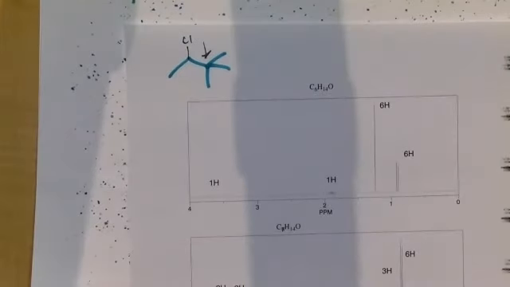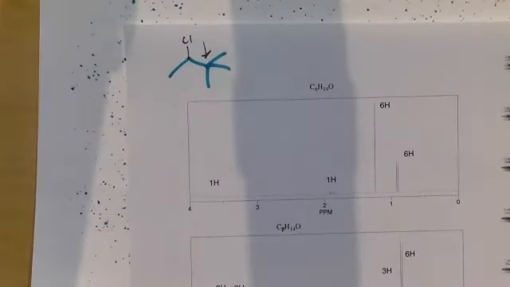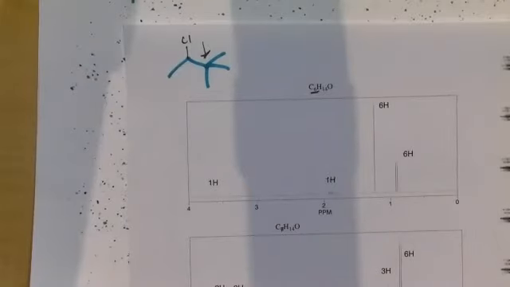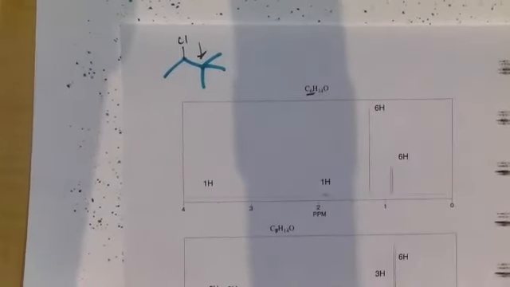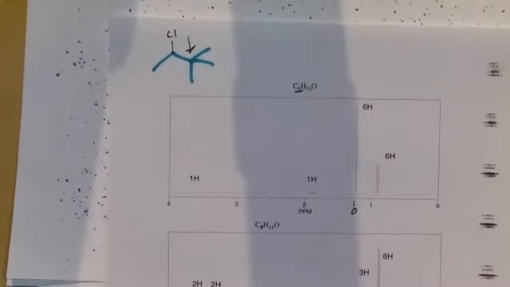There is no proton here, which means that there is no signal on this particular position. This is something that happens from time to time where you get a carbon that has no signal. The only way you really know it's there is you have an extra carbon in your NMR and you have a singlet. If you have a singlet, that means it has 0 neighbors, which means it has to be attached to something that has 4 bonds to it and doesn't have a proton anywhere.